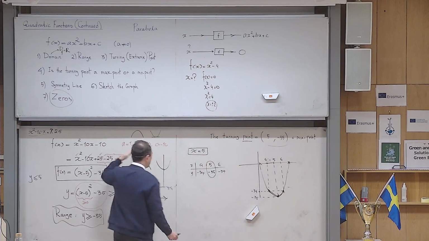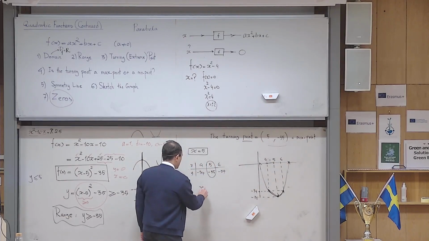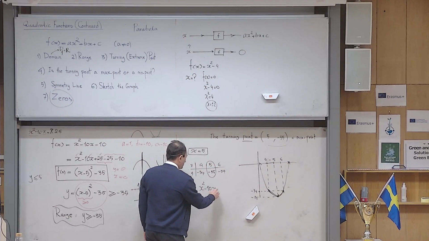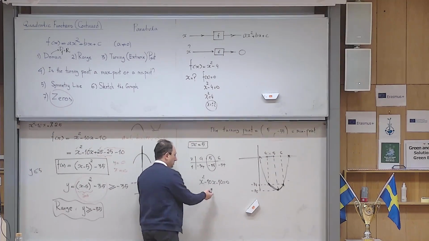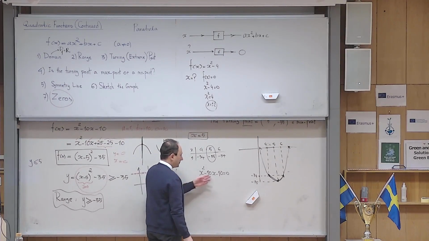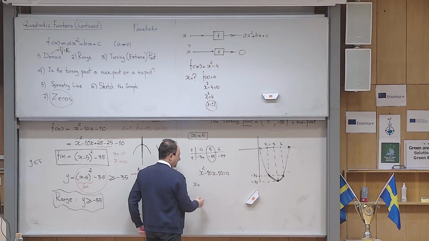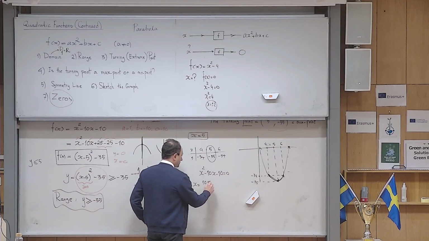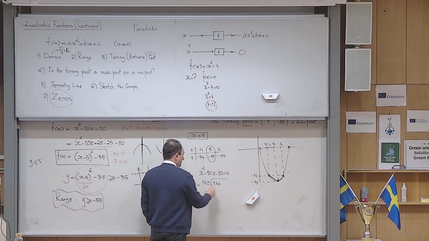You want to make the height 0. So it means that you have to solve this equation, but this is a little bit unfortunate equation because you can solve it. It is not hard, but it is not a very friendly number. If you want to solve it, let me do it fast. You use the ABC formula, it becomes 10 plus or minus the square root of 100 plus 140, and then divided by 2.